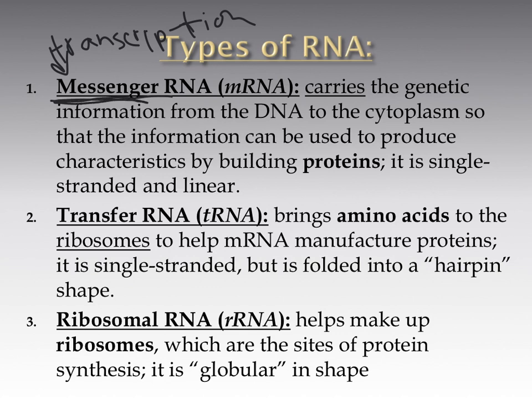It's like a mailman. It's taking the message, carrying the letter from one place to another. So the mRNA carries the genetic information from the DNA to the cytoplasm. It's made in the nucleus of the cell, and then it can carry that message to the cytoplasm and the ribosomes of the cell.